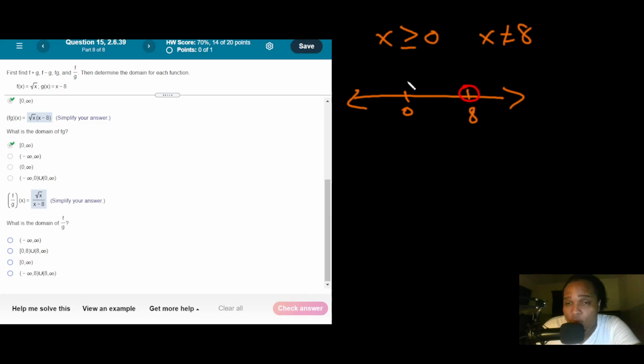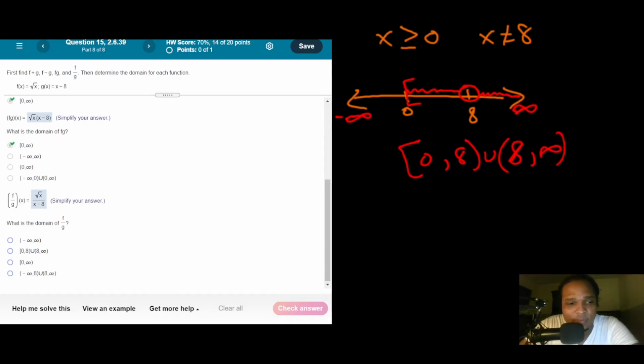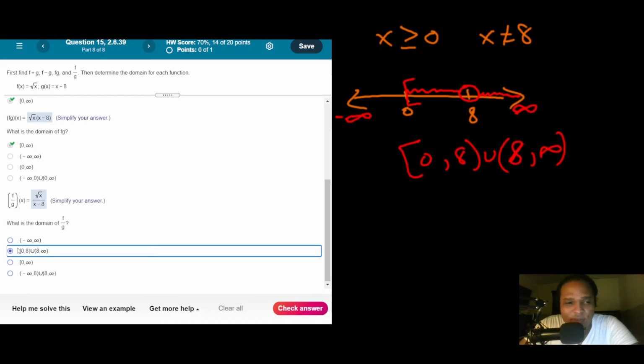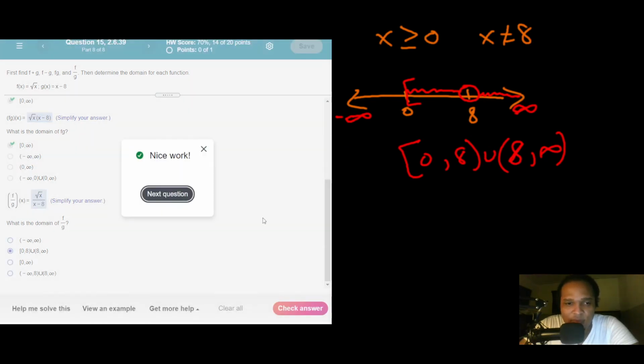X is greater than or equal to 0, so we're going to put a bracket here, shade everything, but do not shade the 8. Pick right back up, go to positive infinity. And we're done. So this is from 0 all the way up to the 8. There's a space in between, so union. Pick up right back from the 8, and you're going to go all the way to positive infinity, so 8 to infinity. And there it is, just like that.